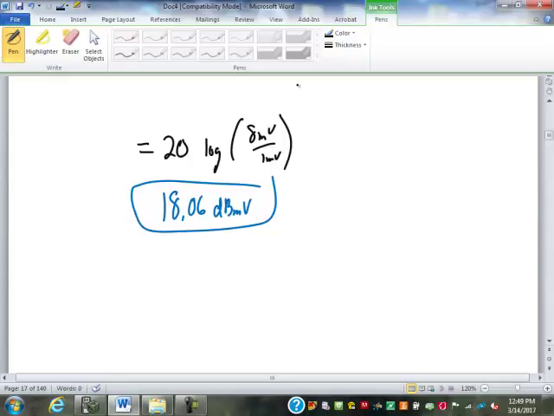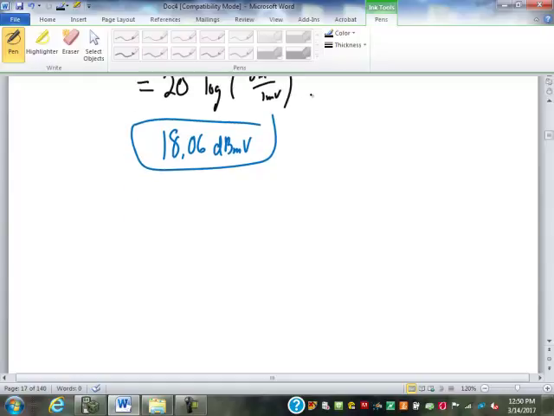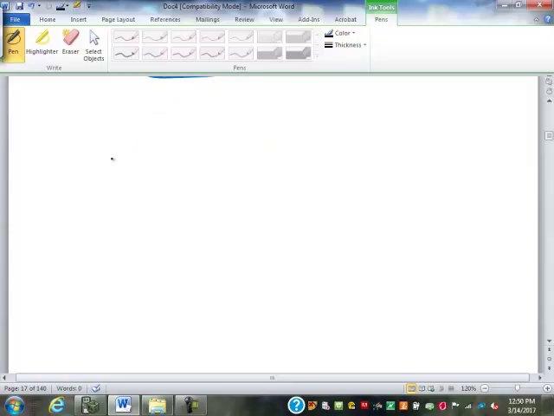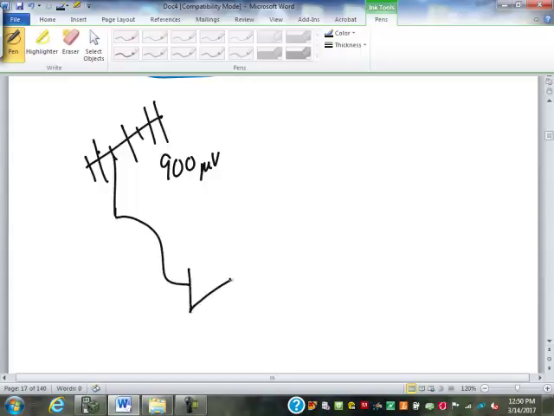Problem number 13 puts these all together in one big unit. We have our antenna, and we have a signal level of 900 microvolts at the antenna. From the antenna, we lead off to a plus 16 dB amplifier.